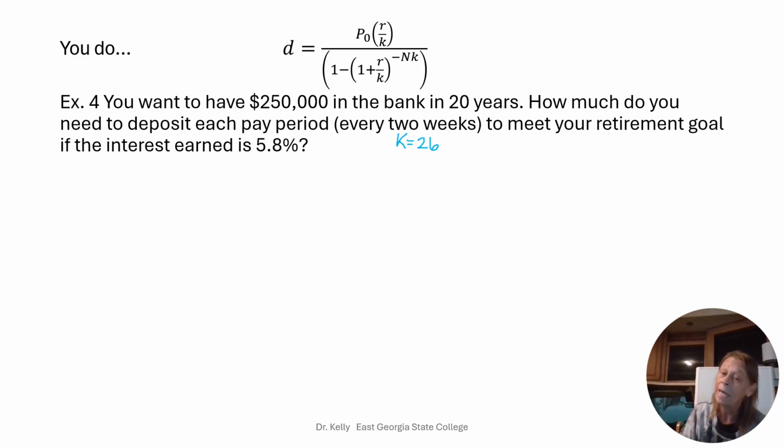It wouldn't be K equal to 24, like twice a month, because the way that the 30, 31, and then 28 or 29 days fall allows you to have 2 additional pay periods a year. So it's actually K equal to 26 to meet your retirement goal.